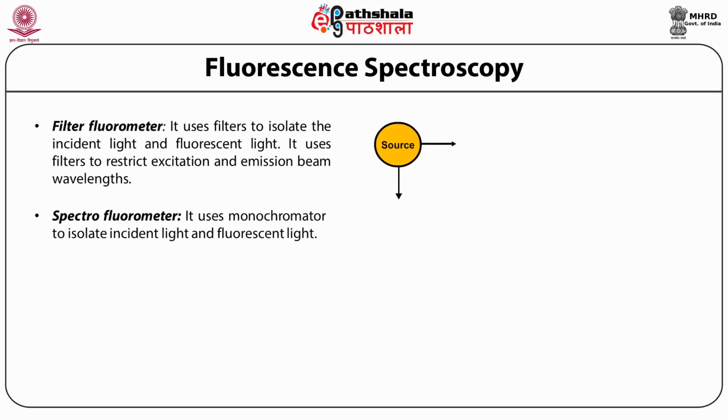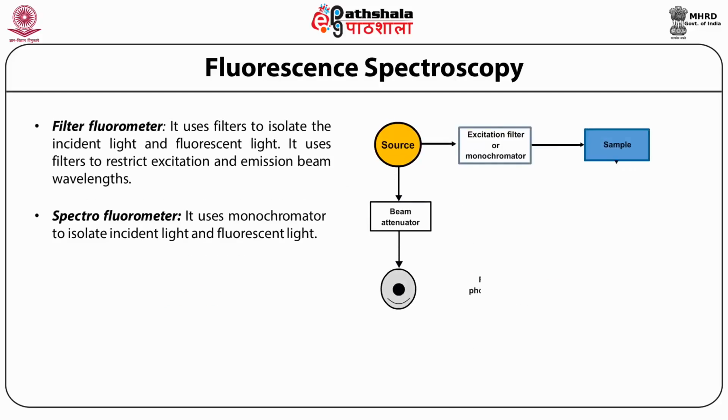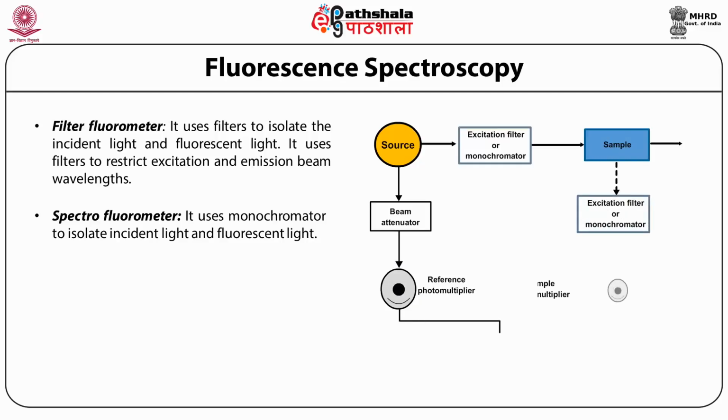Fluorometer. The fluorescence spectrometers provide a tool for analyzing the spectral distribution of the emitted light from the sample.